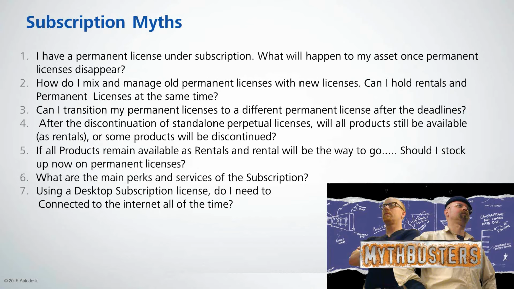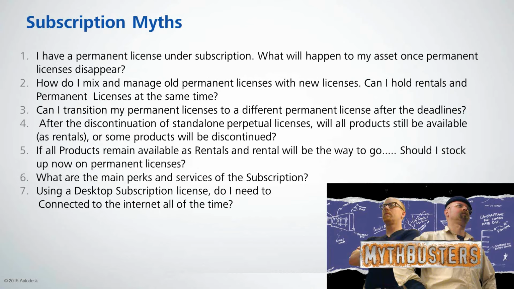If you have a permanent license, and I'll use an example of AutoCAD 2016, and it is after our January 31st deadline, say February 5th, and you'd like to transition that, or sometimes we use the word cross-grade, to a seat of Revit, an individual standalone of Revit, that will not be available to you. You'd want to do that prior to the deadline because the standalone licenses will no longer be available.